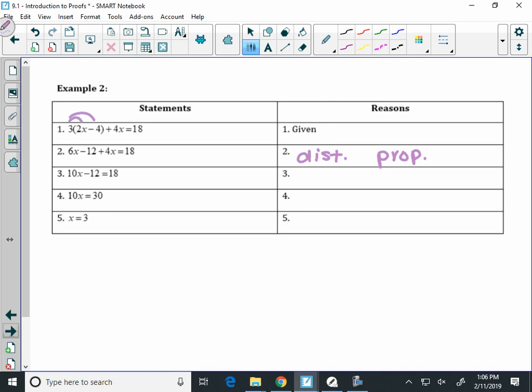What happened from step 2 to step 3? We combine like terms. What property allows us to combine like terms? The distributive property also allows us to combine like terms. So we use that. Okay. What happened from step 3 to step 4?